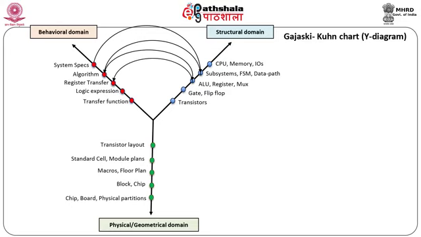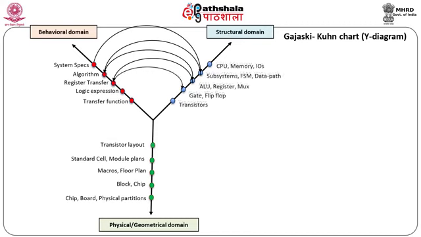Each subpart or subcircuit can further be thought of located on the behavioral axis, which provides next path on structural domain. This process continues until a low level of abstraction is reached.